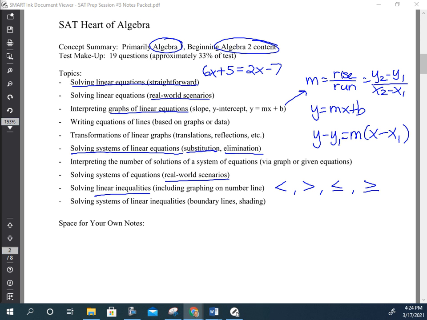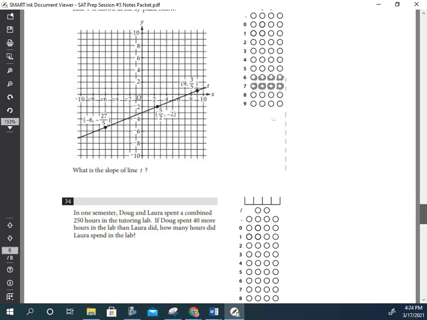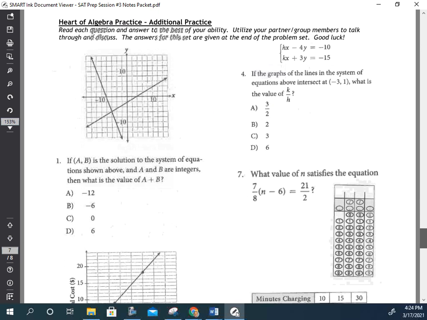Just know that that might not necessarily be possible, unfortunately. So before you do the practice yourself, let's look at a couple of problems together. For those of you who have it pulled up on your device, I'm at the last 2 pages. We're going to look at some questions together.